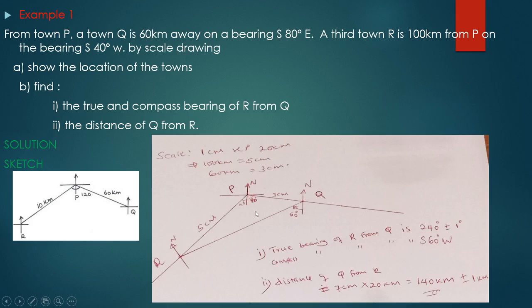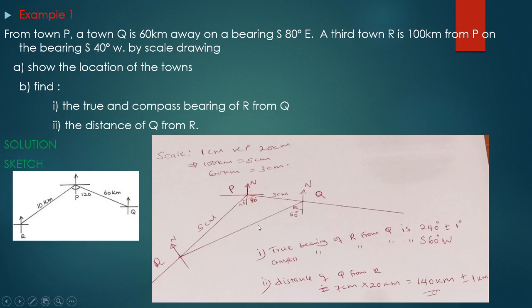In this case, from south, you read anticlockwise, this side. You read from here, you are 0, you read the 0 that is on this side, the anticlockwise side. From here, you read to this point. Where you find the 80, you put a dot there, and then you join a straight line with a ruler. Then you measure 3 centimeters from this point up to this point, then you make a dot there. That gives you point Q.